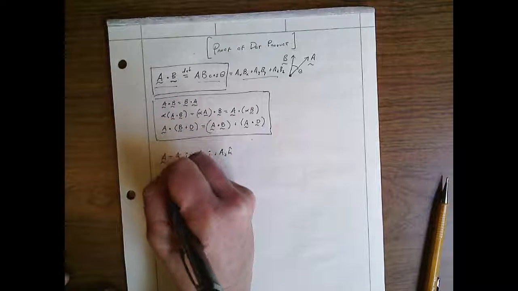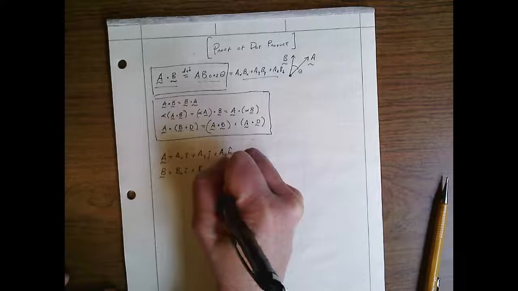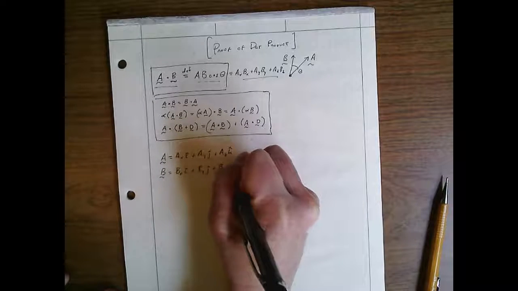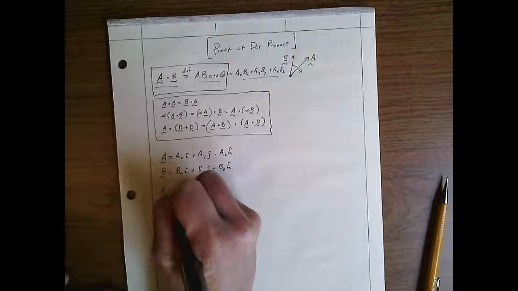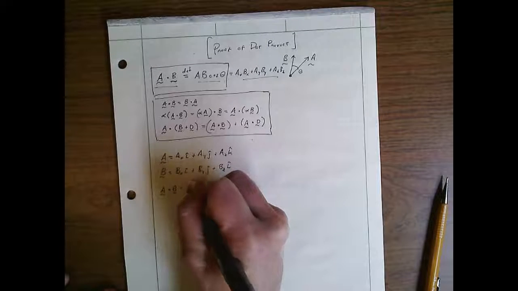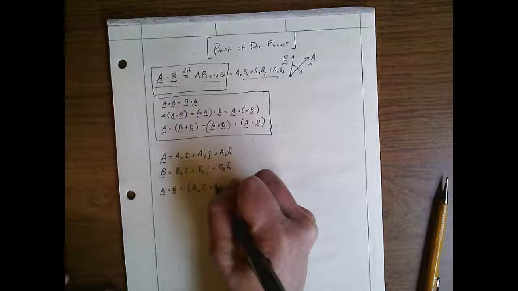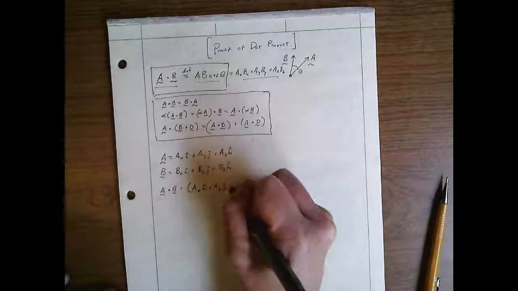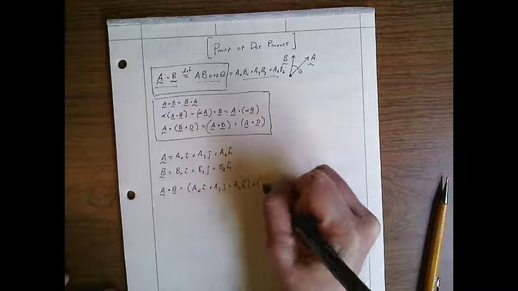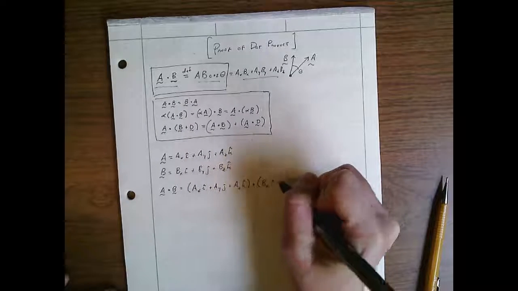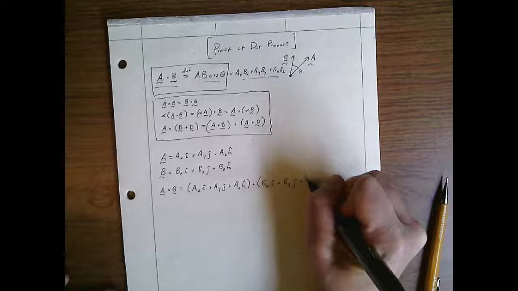And B is equal to BX i plus BY j plus BZ k. So the dot product between them, A dotted with B, is really this big old mess. AX i plus AY j plus AZ k, dotted with BX i plus BY j plus BZ k.